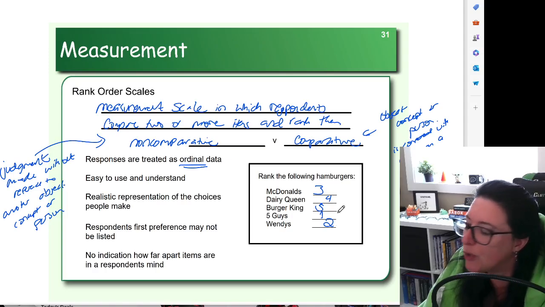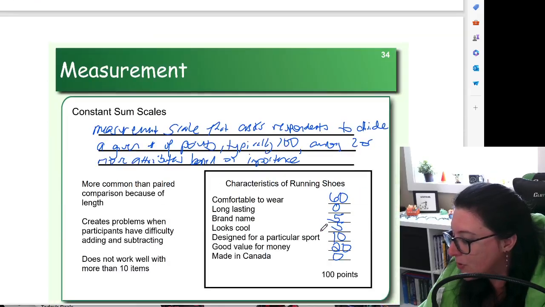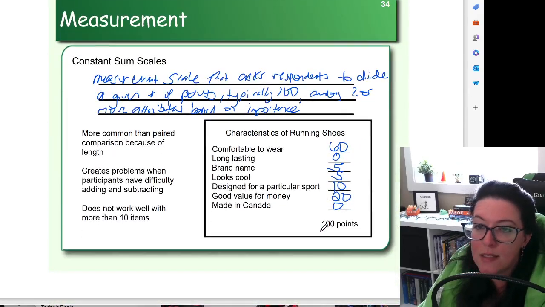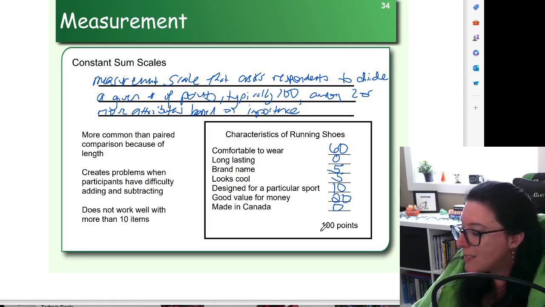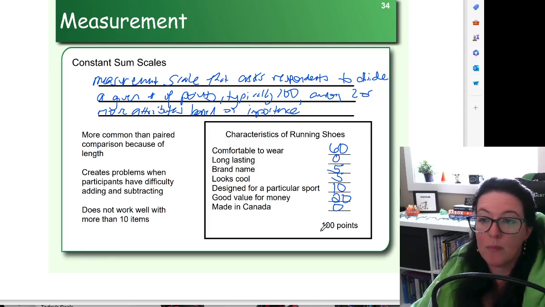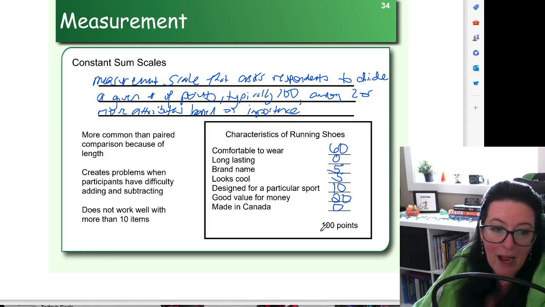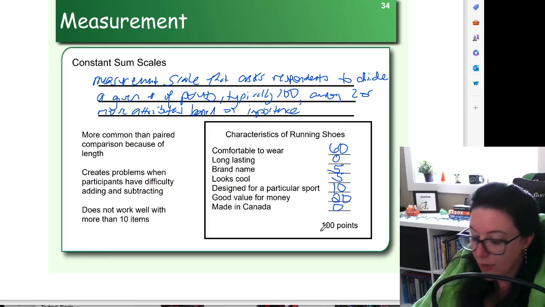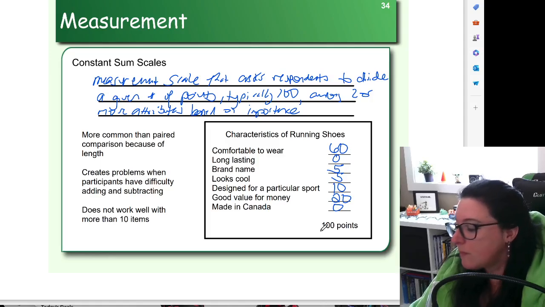So I can't really discern with the rank order scale how far apart the first ranked and the second ranked are in my personal opinion. But with the constant sum scale, I can, because you can see that comfortable to wear is 3 times as important to me as good value for money. I'm all about the comfort. So this gives you additional information that you don't have with the other method.